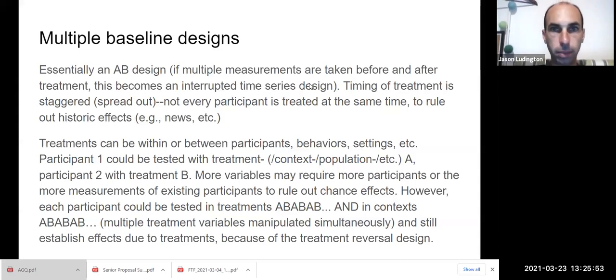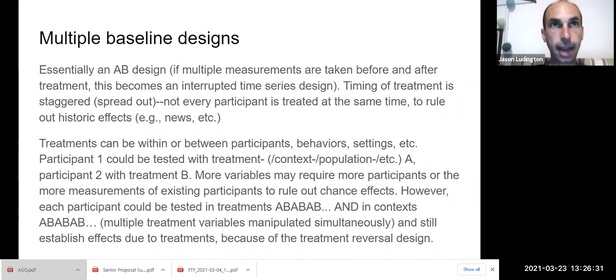The timing of treatment is staggered or spread out. Not every participant is treated the same, in the same order of conditions or the same timing of condition changes. And this helps to rule out historic effects, such as events in the news or events in people's personal lives that might correspond to each other.